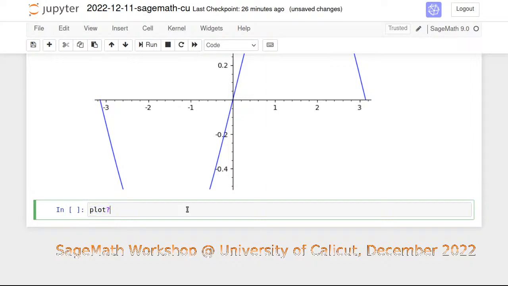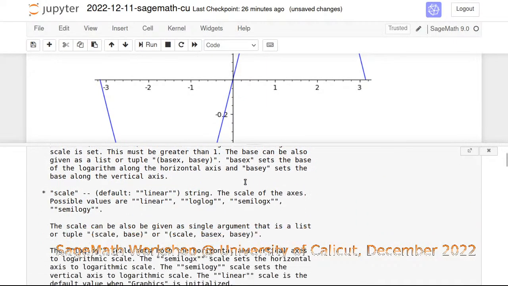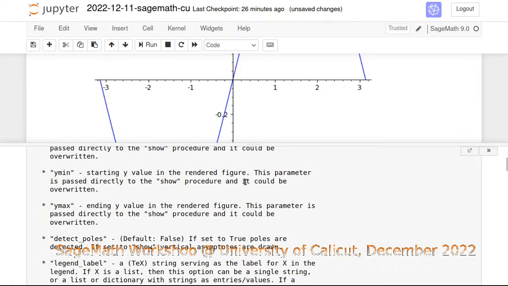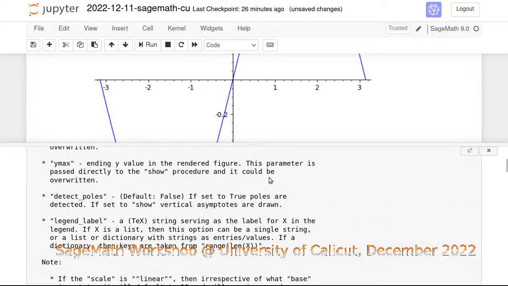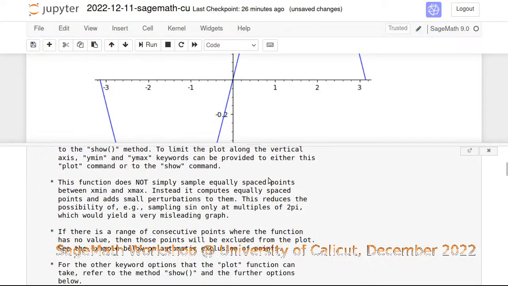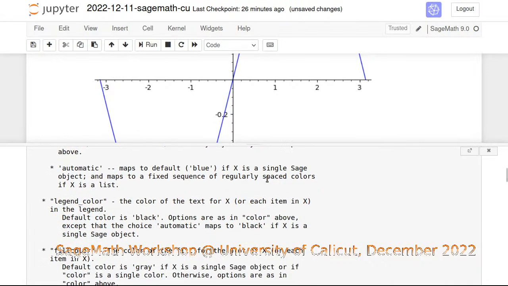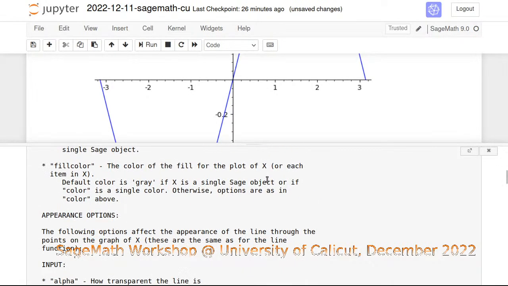Okay, let us see the remaining commands, remaining options as well as available. Xmax, Xmin is there. Detect poles, we have already seen that. Legend label also, that option also we have seen. I wanted to just give you the colors. Fill color, we haven't used that option.